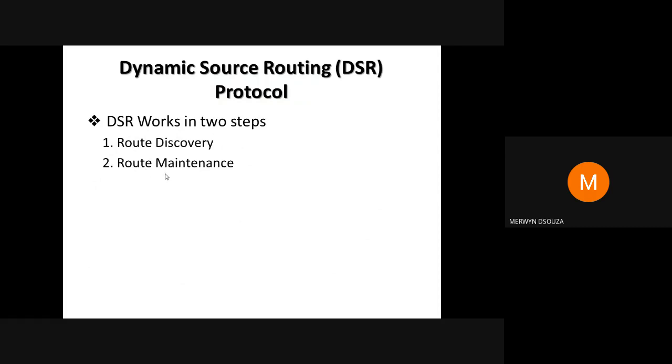And by route maintenance, we mean that suppose a destination for some reason is no longer present, it has moved away from the network, or its battery has got discharged, so that node is no longer functioning. Then that route has to be deactivated or deleted from the database. So that is known as route maintenance. Let's look at both of these in the next slide.